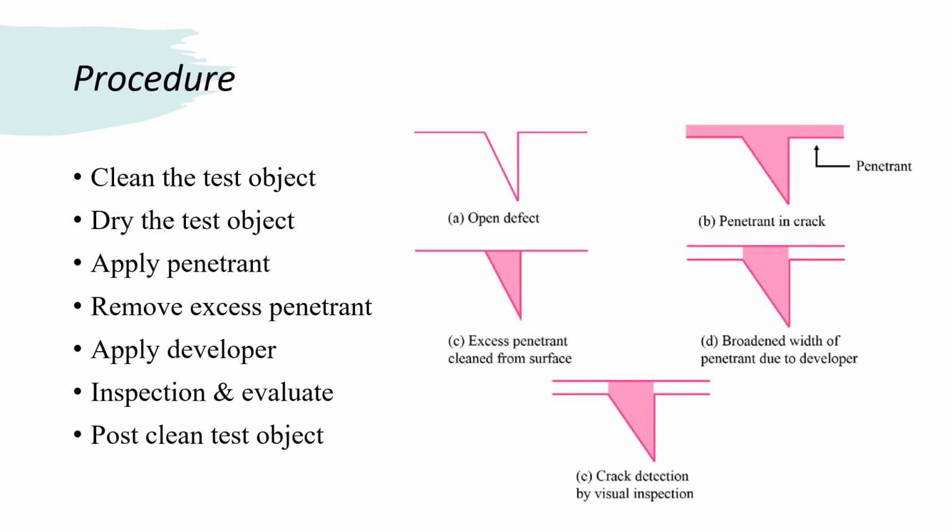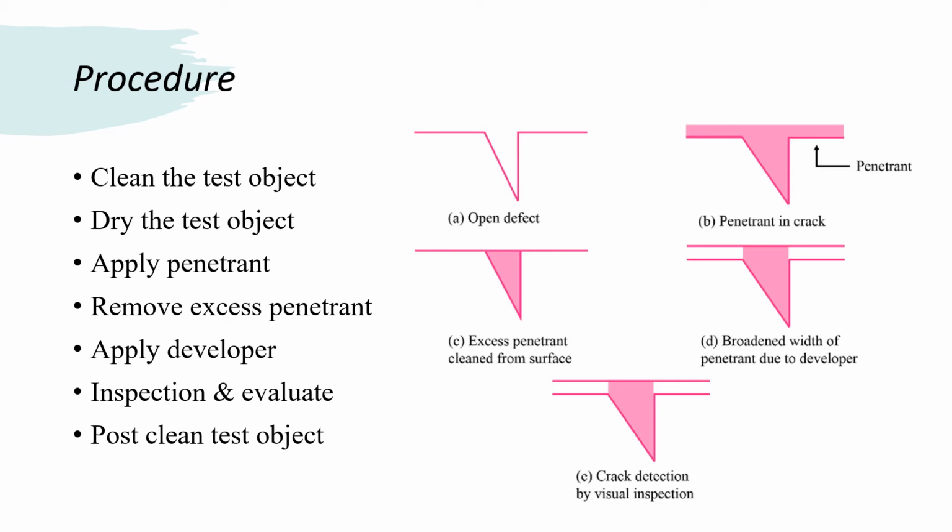Number 1 is clean the test object. Number 2 is dry the test object. Number 3 is apply penetrant. Number 4, remove excess penetrant. Number 5, apply developer. Number 6 is inspect and evaluate, and number 7 is post clean the test object.